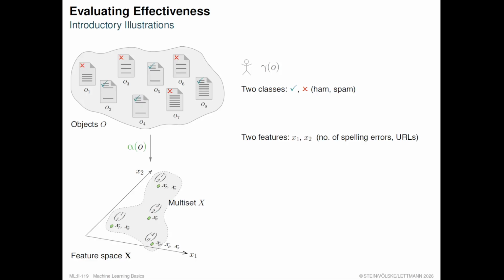And the idea is that we take our object space, and using our function alpha, we put our objects into a feature space. So out of each object, we get a small vector, in this case here just two components. And these are supposed to resemble what our objects really are about.